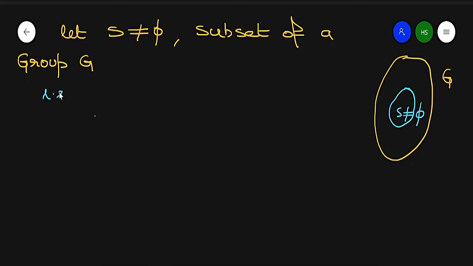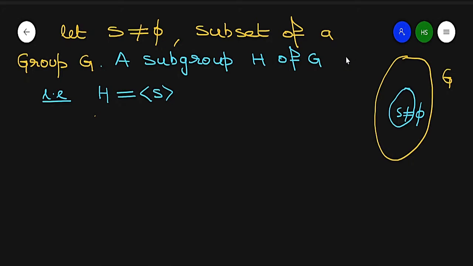And we say that any subgroup H which is generated by S. So a subgroup H of G, which is generated by S. It means H is generated by S if it satisfies two properties.